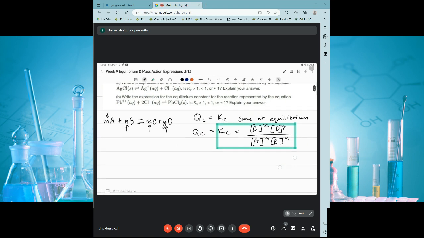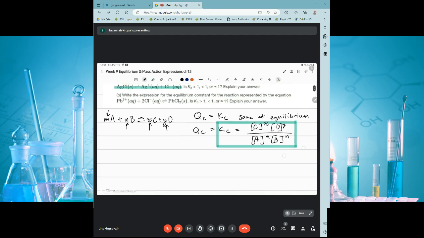So this reaction right here, the first one that we are working with, the AgCl goes to Ag plus and the Cl minus ion. We first need to write down what this equation will look like, and then we can predict whether or not the Kc value will be above or below or kind of equal to 1.